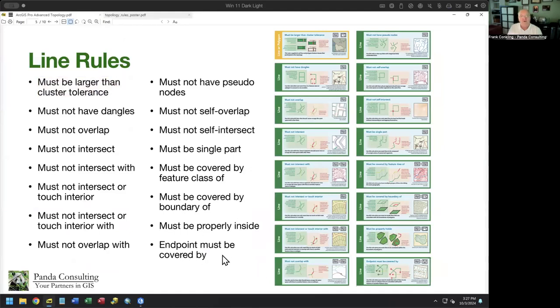Those are all of the line topology rules, and there's a lot in there. You really want to experiment if you're going to begin exploring and figure out which of these rules you want to test on. That really is a good point: you add the topology rules and test them to see what the spatial relationship is between the features in a single layer and within multiple layers, and how they compare to one another.